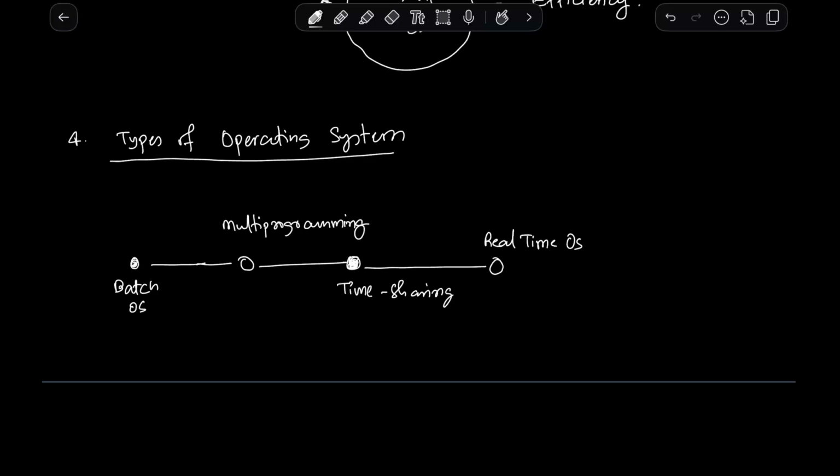If a drone needs to adjust its rotors to a wind in like 2 milliseconds, then even a minute fraction of delay could mean a crash. So this real time OS prioritizes strict, unbreakable deadlines over everything else. That is the real time OS you'd find in rockets, drones, and so on.